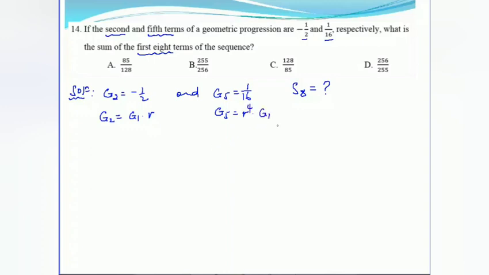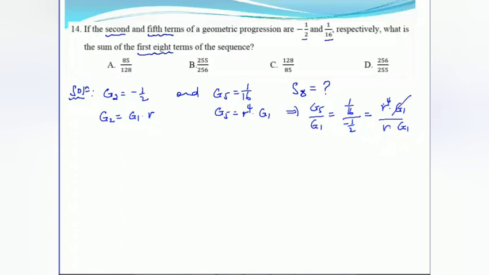Now if we take the ratio of the fifth term over the second term, we get 1 over 16 over minus 1 over 2, which is the same as r to the power of 4 times g1 over r times g1.